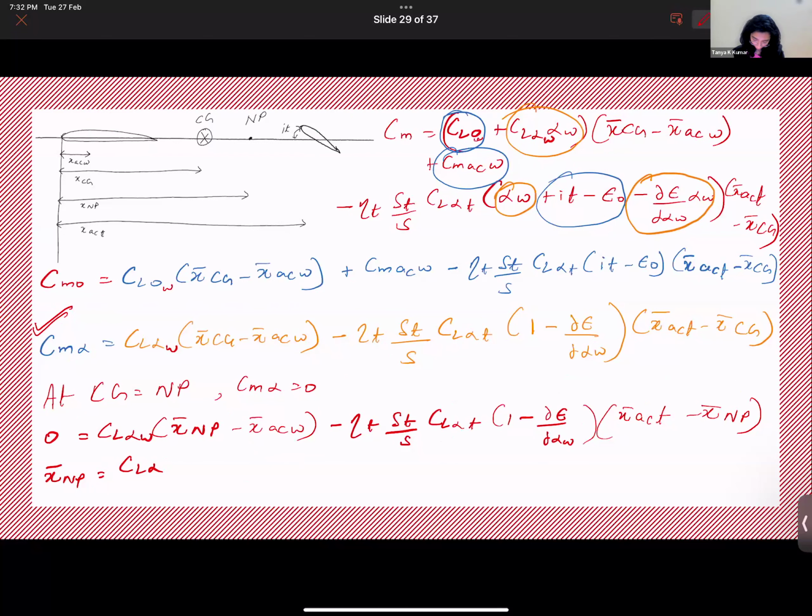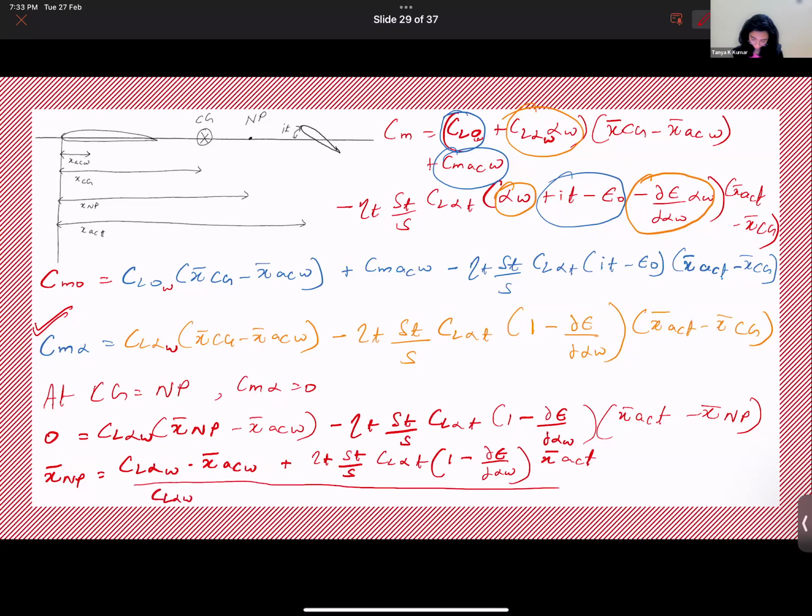So this is Cl alpha of the wing into x bar AC wing plus eta tail St upon S Cl alpha of the tail into 1 minus dou epsilon by dou alpha wing into x bar AC tail divided by Cl alpha of the wing plus eta tail St upon S Cl alpha of the tail 1 minus dou epsilon by dou alpha wing.